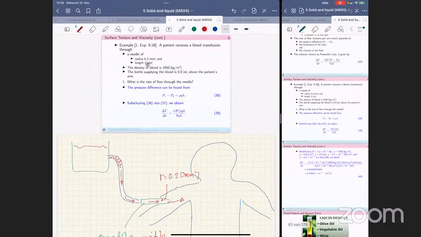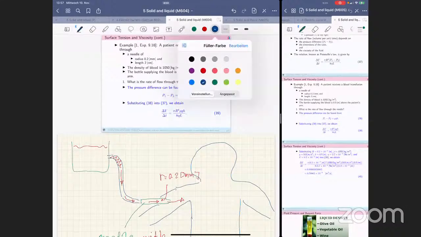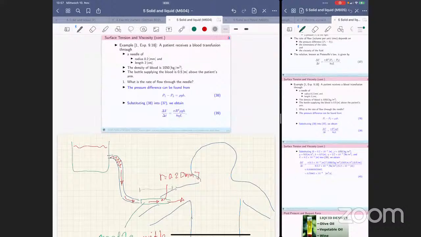The length of the needle is 2 centimeters, not so long. This one till here, it's 2 centimeters, 2 cm.